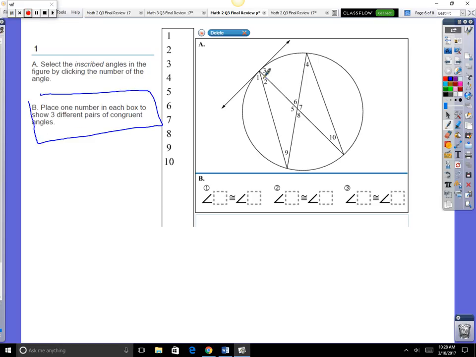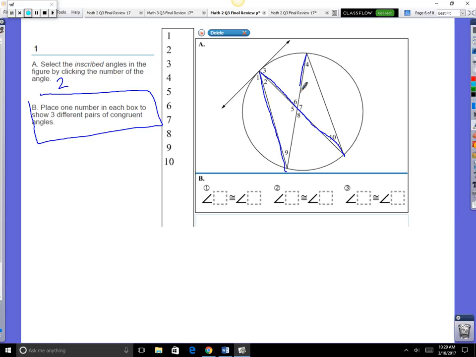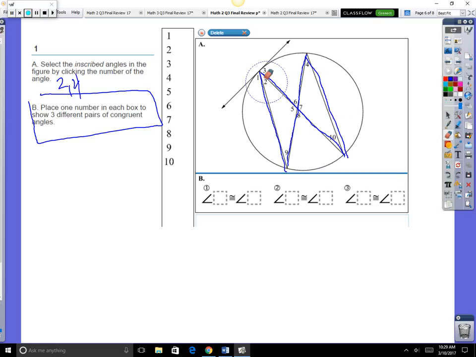All these are inscribed angles. So 2 is an inscribed angle. Check. And 4 is an inscribed angle. Check. So we got 2 and we got 4.